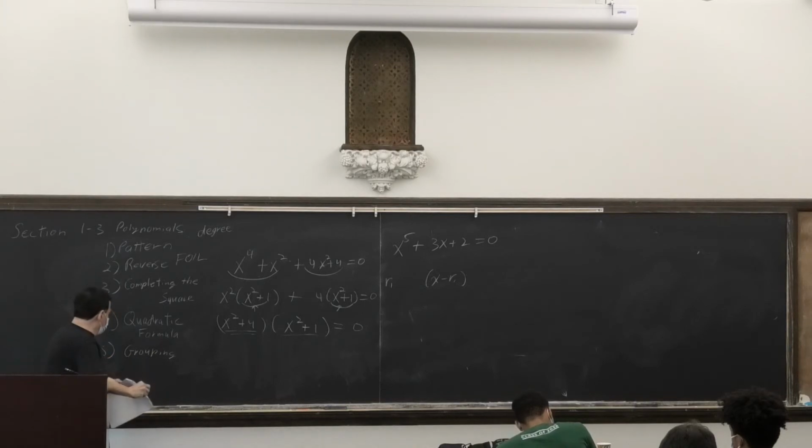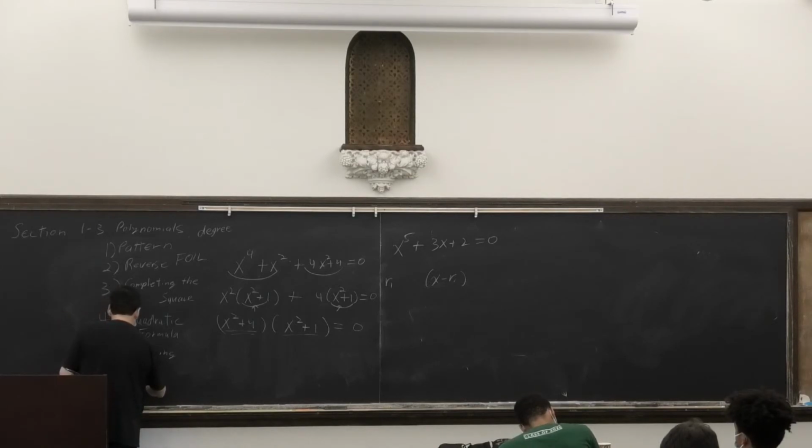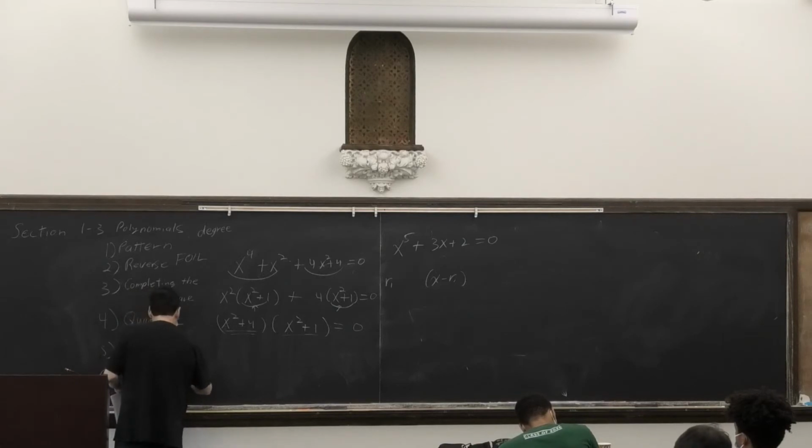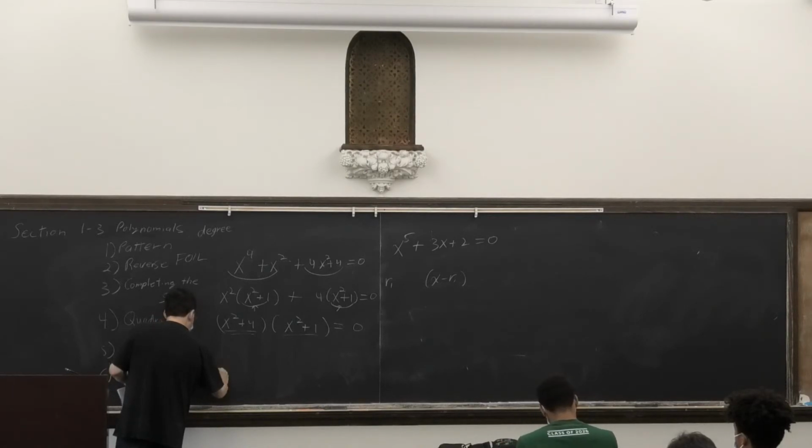The last strategy we're going to go over here for factoring a polynomial is called using the rational root theorem. Okay.